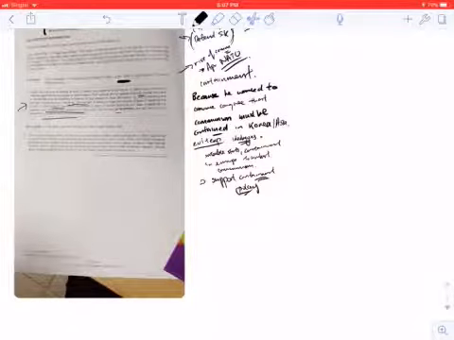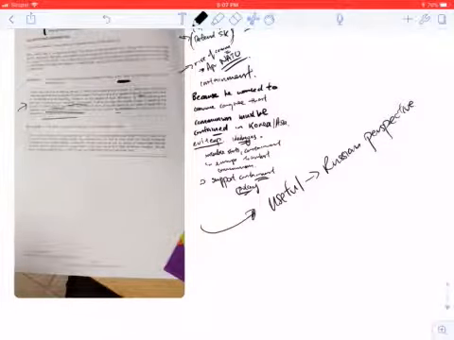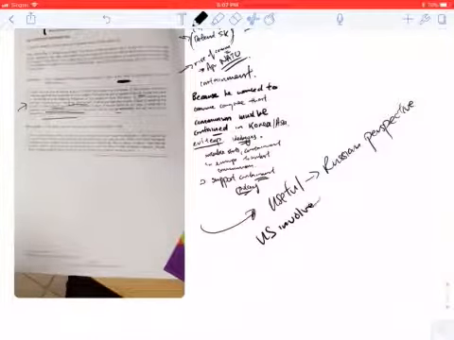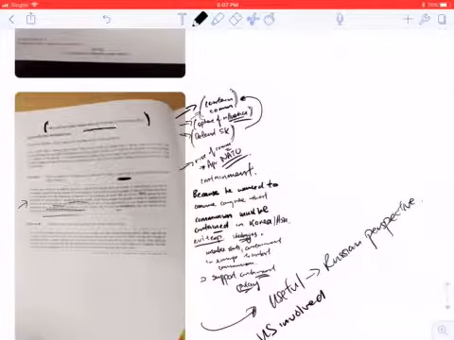Okay, so how will I say this? I will say useful, telling me the Russian perspective. And what perspective is this? Is that the US was involved. Okay, this is related to the issue, US involvement.